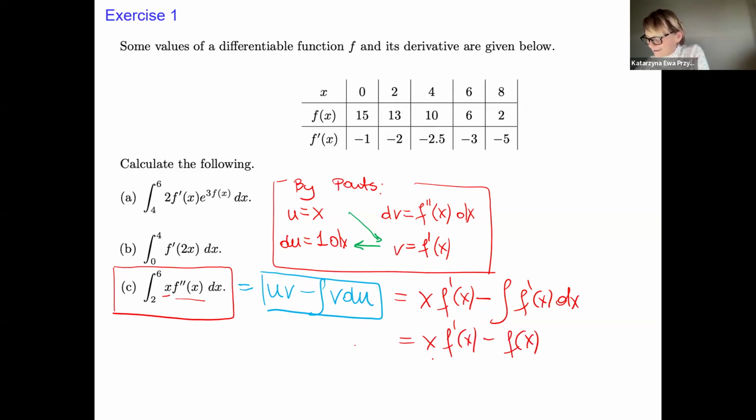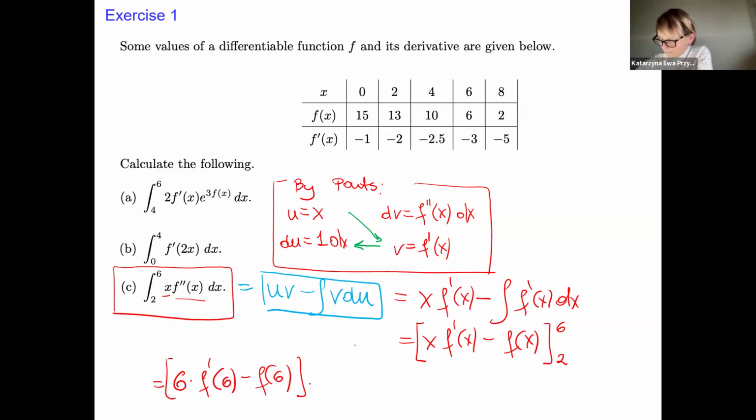Okay, now I can put everything together and apply the limits of integration because we didn't change anything. Maybe here, 6 f prime of 6 minus f of 6 minus 2 f prime of 2 minus f of 2.